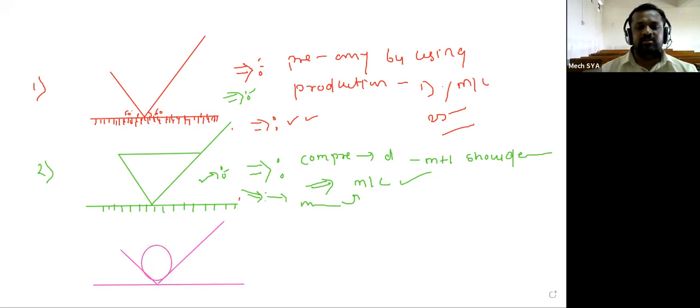Okay, so this is the third symbol. Then what is the meaning of this third symbol?